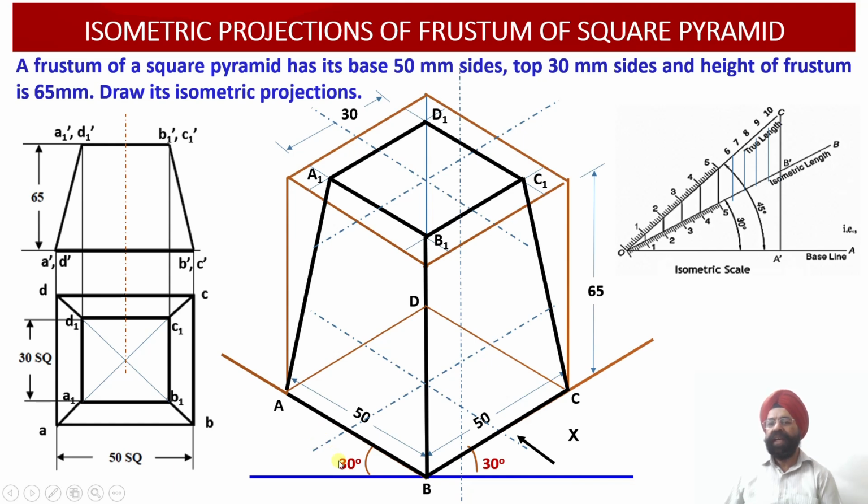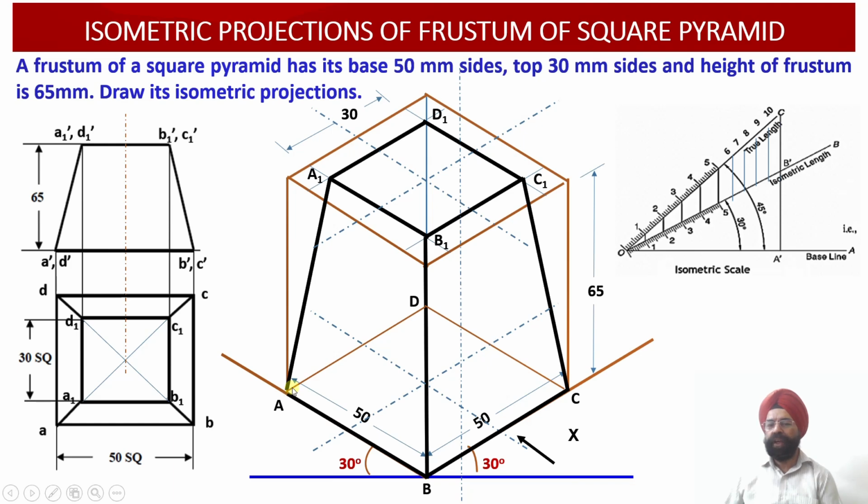So this is the complete construction of the isometric projections of the frustum of the square pyramid, and we can see all the edges of the top square, having edge length equal to 30 millimeter, are visible. 3 slant edges of this frustum will be visible to the observer, and 2 base edges lying on the front side are visible.